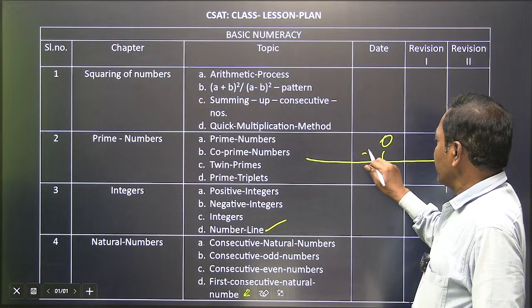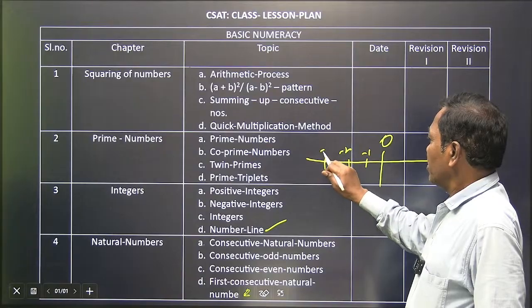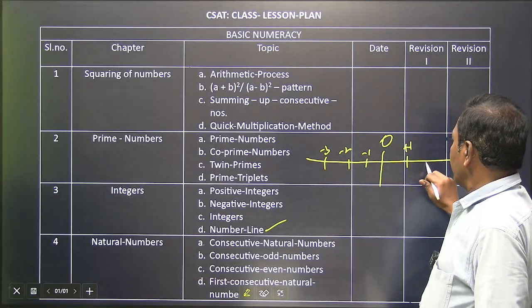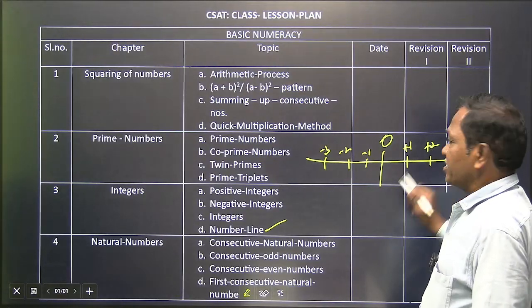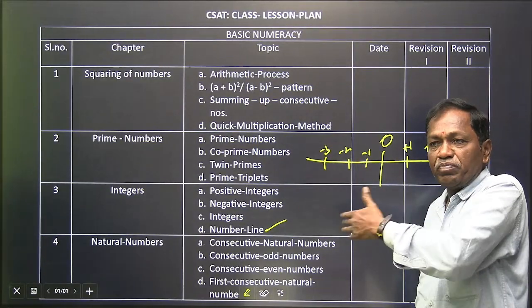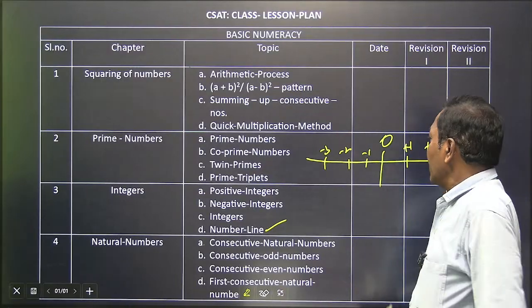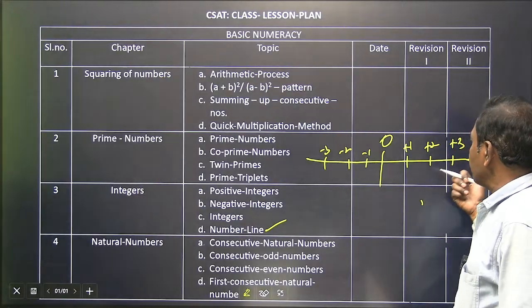This is -1, -2, -3, and +1, +2, +3. To the left of 0 are all minus values, -1, -2, -3, -4, -5, and -n. And to the right of 0 are plus values, +1, +2, +3, +4, +5.